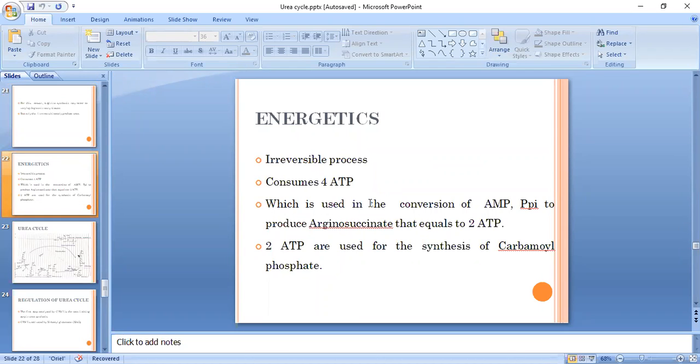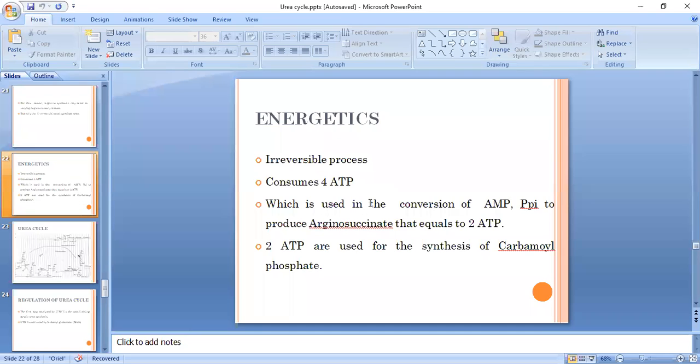The first step in the urea cycle is synthesis of carbamyl phosphate, in the presence of the enzyme carbamyl phosphate synthase, CPS1. And in the second step, the carbamyl phosphate which is produced is converted into citrulline. That means there is a formation of citrulline in the second step.